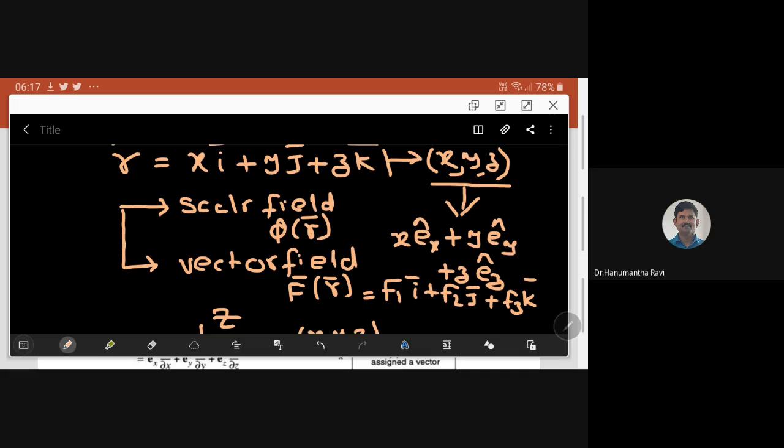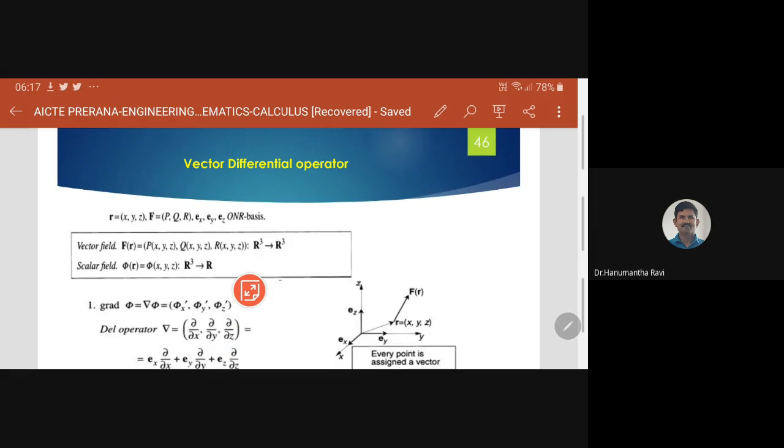Or P into i bar plus Q into j bar plus R into k bar. That is, the respective components of f bar can either be represented by f1, f2, f3, where each of these are real valued functions of x y z, or capital P, capital Q, capital R, where each of these is a function of x, y, z as mentioned here.